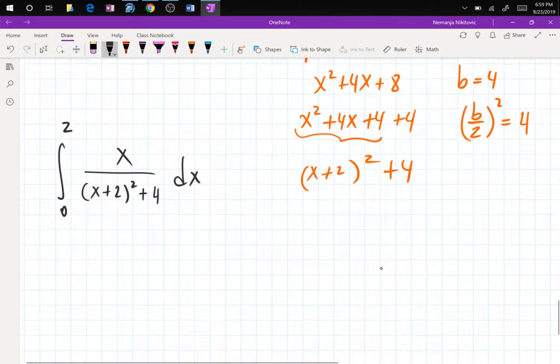And now, dare I say, it's obvious. U equals x plus 2. Du equals what? Just the x, one the x. Actually, no. X plus 2 squared. How about that? Can we do that?